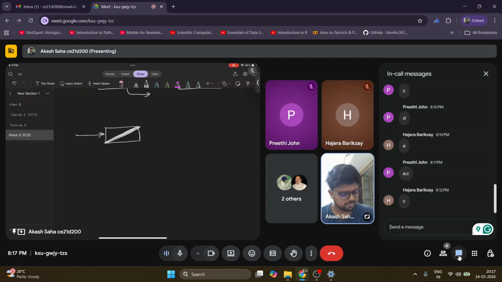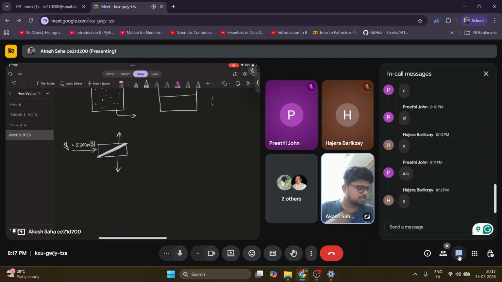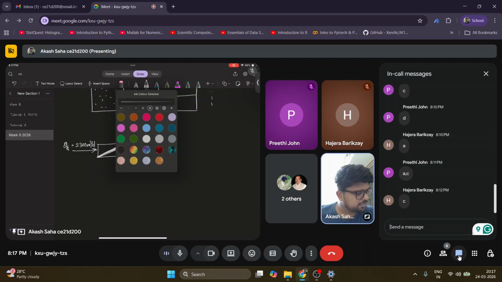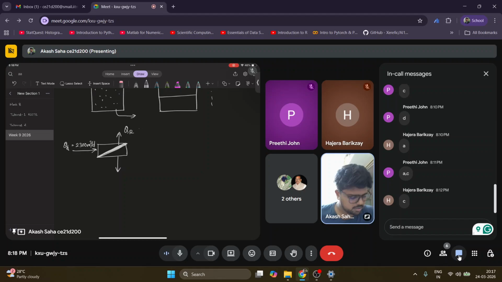So suppose we have a feed, let's say QF, it is 2300 meter cube per day. It will pass through the membrane and some part will come out as permeate, and some part will go as reject because we generally show it as a cross flow thing. So that is also given in the question, QR, so this is 600 meter cube per day.